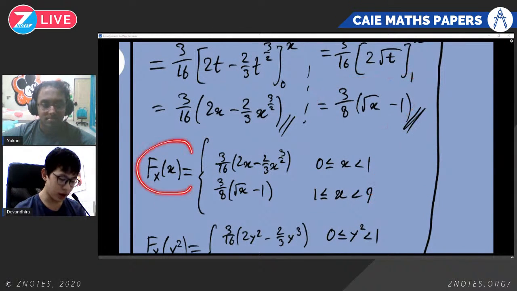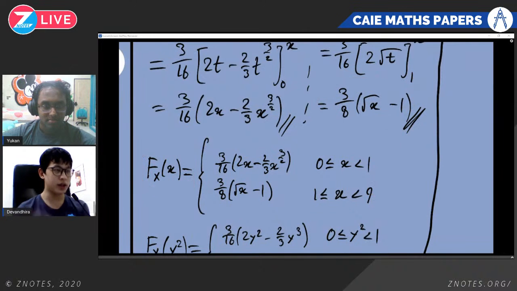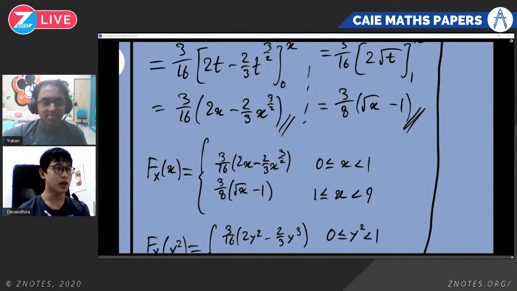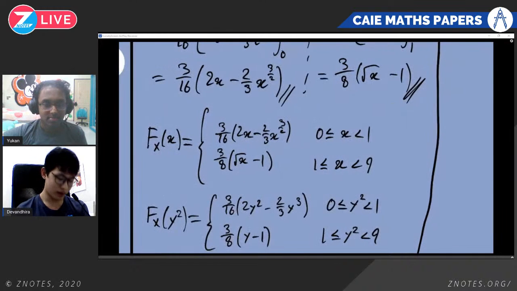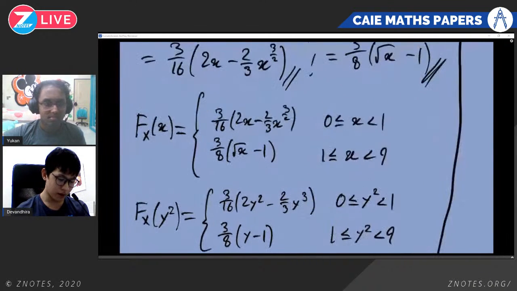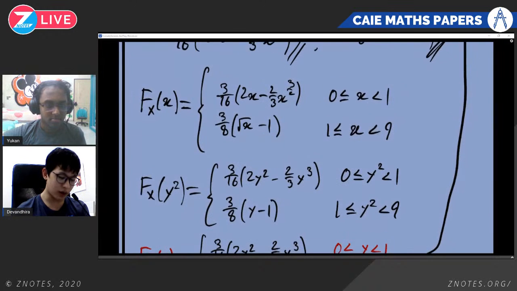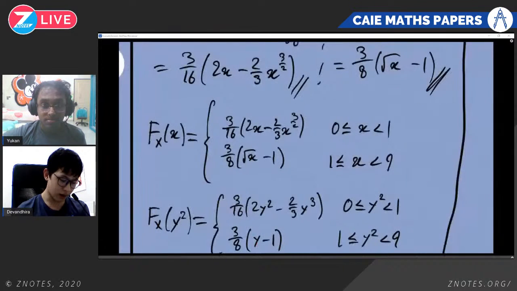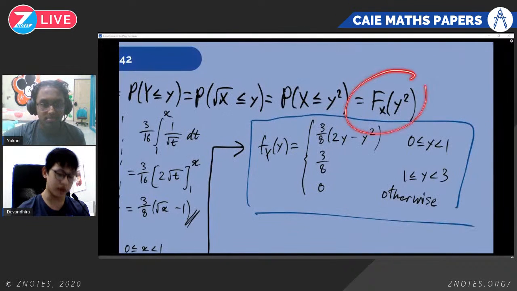So our CDF in terms of x is right here. Agree? Right. Now that we have this, we can just replace our x with y squared, because that's what we're looking for. We already have F of x here. I just need to change the x input into y squared so that I'll get this.